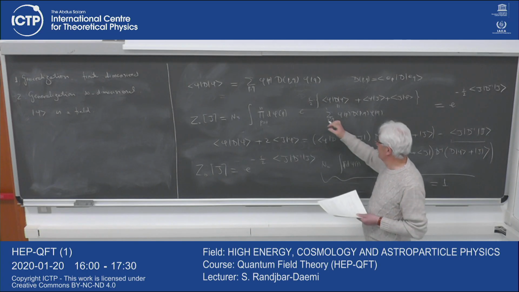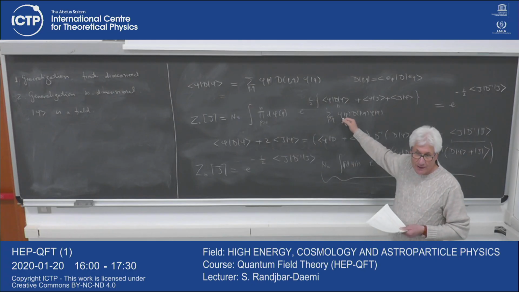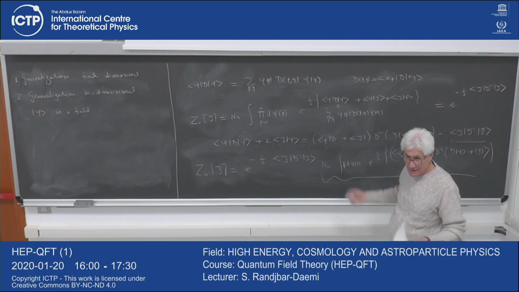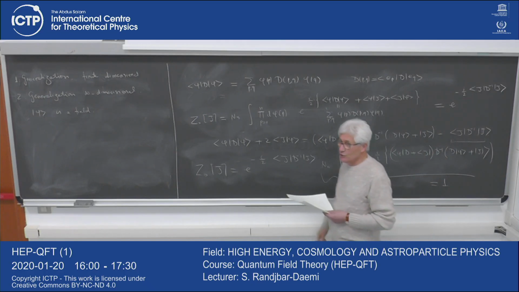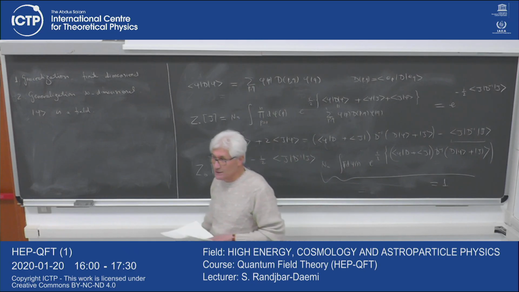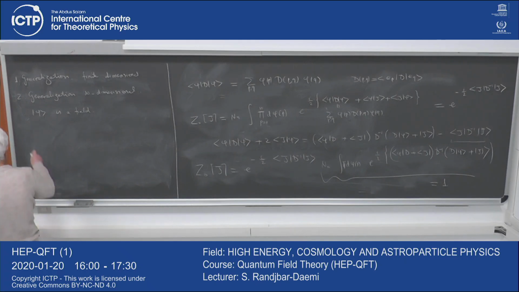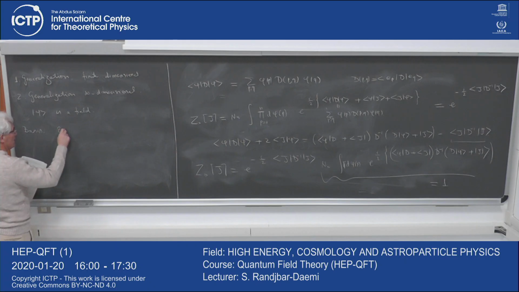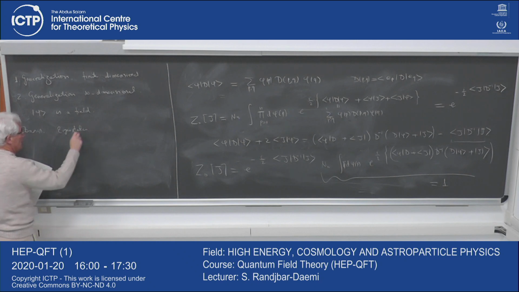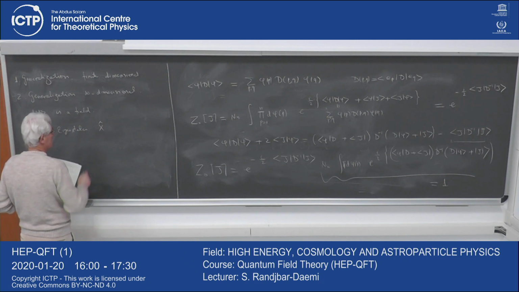Here I introduced the basis and wrote this as a finite dimensional matrix and matrix multiplication. Here also I must introduce a basis in order to write it in the familiar form of phi of x. The basis this time will be the eigenstates of the position operator x hat.